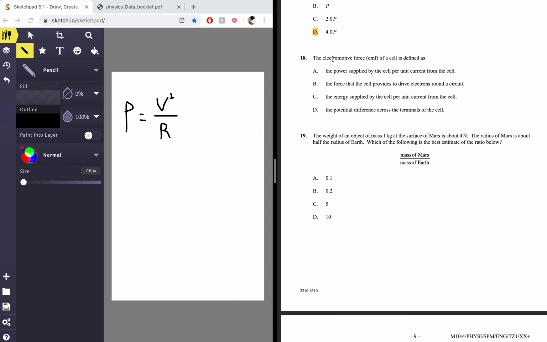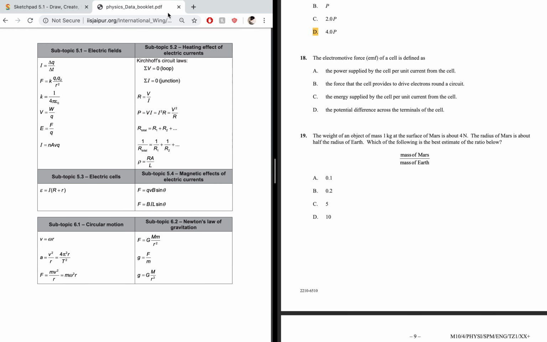The electromotive force, EMF, of a cell is defined as, well, I'm looking at these answers, and at first you might be tempted to pick D, the potential difference across the terminals of the cell, but that's actually not true, because that doesn't account for internal resistance. So this is actually tricky.